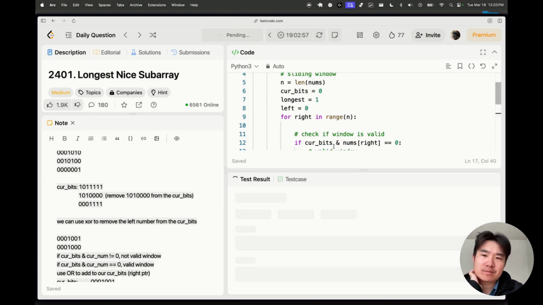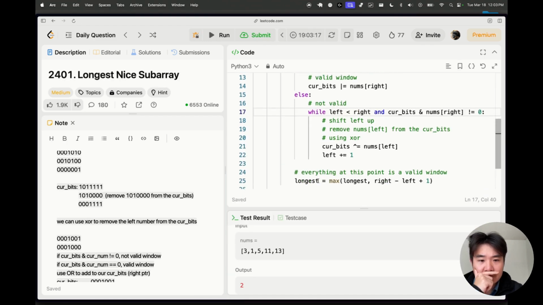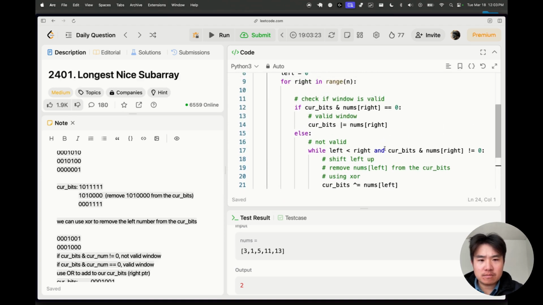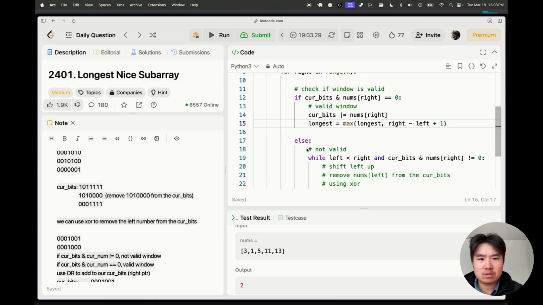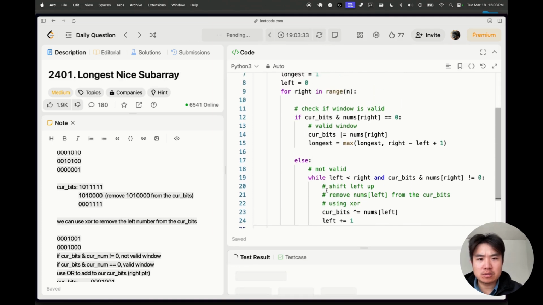I don't know. Maybe saying everything at this point is a valid window might be a bad claim. I think if it's a valid window, I should just check if it's the longest right then and there. Let me just do that.